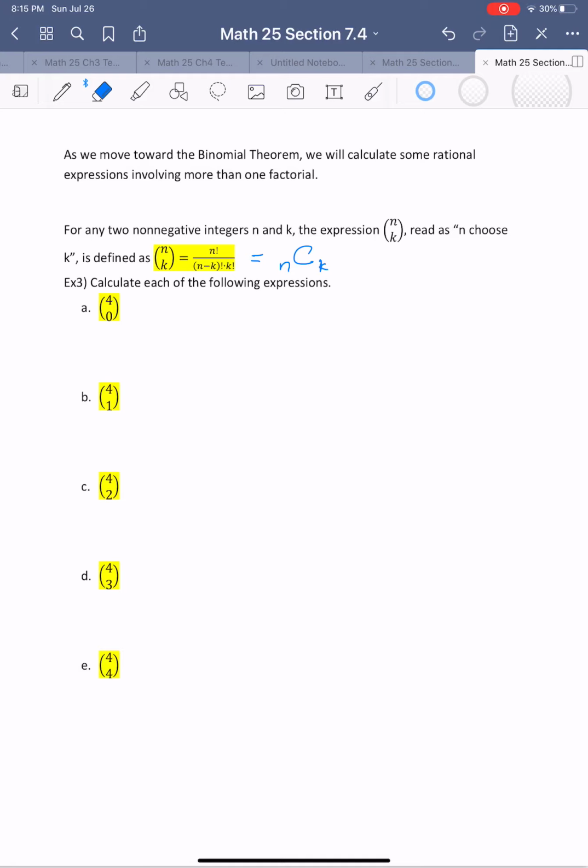For 4 choose 0, you use 4 factorial over (4 minus 0) factorial times 0 factorial. So 4 factorial over 4 factorial is 1, times 0 factorial which is 1, which is 1.